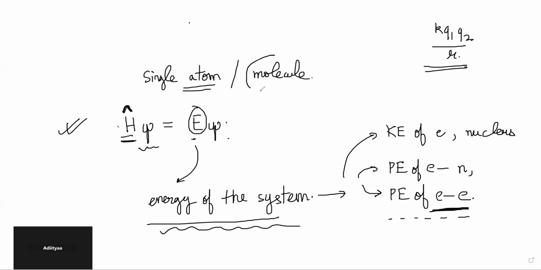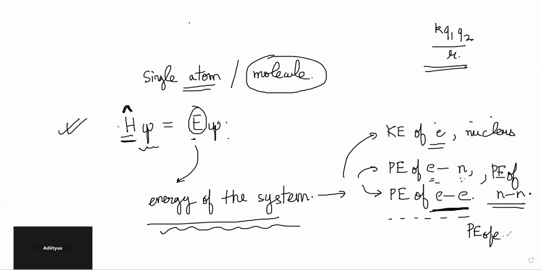If it was a molecule, we will have multiple kinetic energies of multiple atoms plus multiple potential energy interactions, plus potential energy of nucleus and nucleus, plus potential energy of electron and nucleus, but electron in one atom and the nucleus of the other atom.